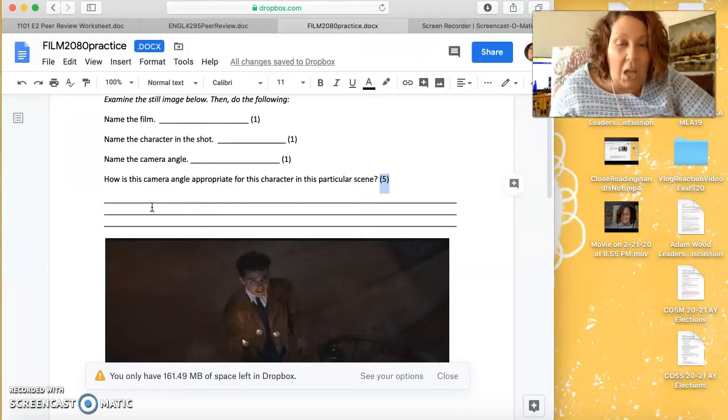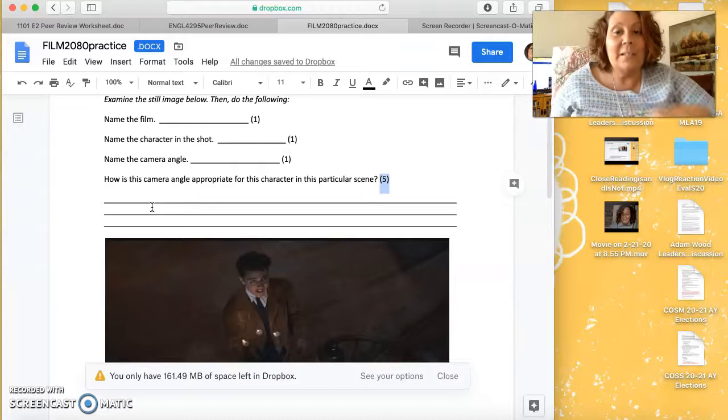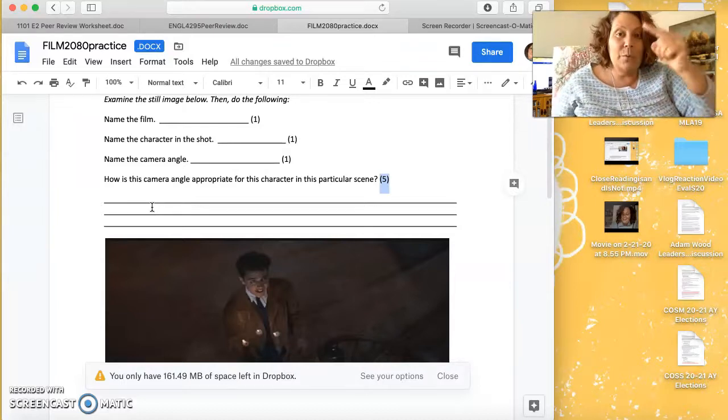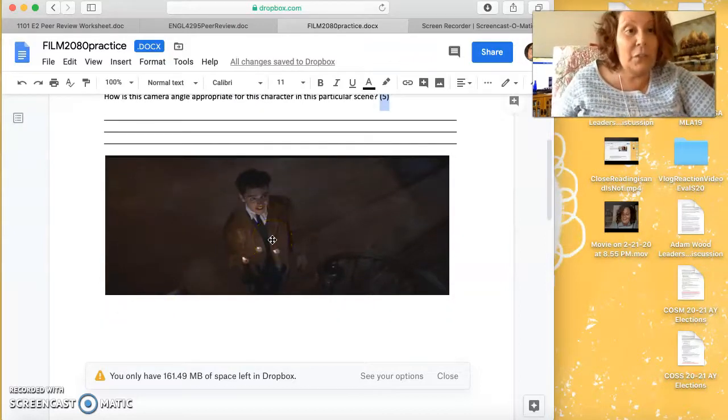So taking the knowledge of what an aerial shot is and what it does, and then of course applying that to this particular scene, this particular character, in this particular film. And so again, I was taking them through some specific parts, all related to this particular frame of film here.